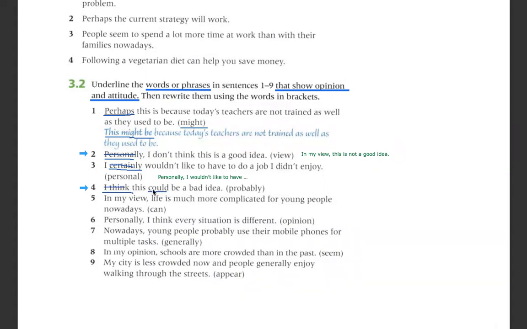Let's take these out, and now I want you to write the sentence with this word. This is a little bit harder. Just think about it. How could I use the word probably? Anyone else?